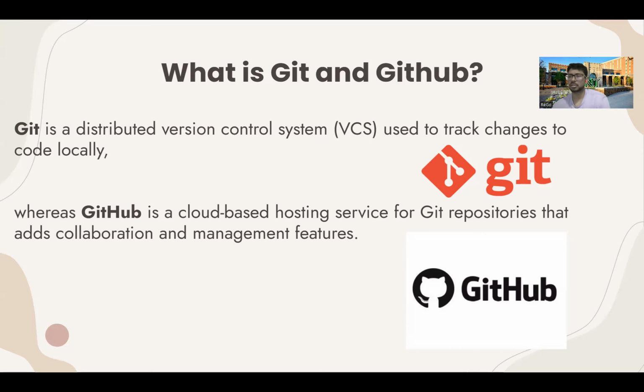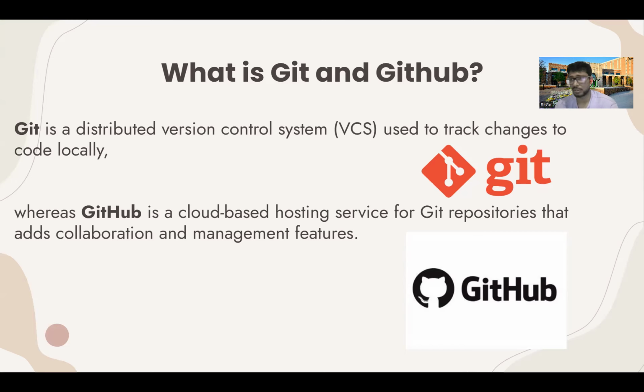So let's try to understand this intuitively. What is a version control system? Imagine you're creating a file, a code file, or even a Word doc, and you want to make some changes. You make some changes, and then you rename it as V2, then it goes on to V3, V4, V5.